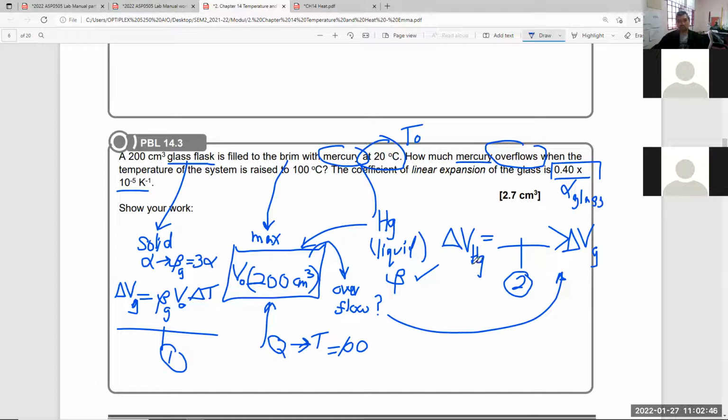You will discover the overflow is the difference between the mercury and the glass, because initially both have the same volume. So you can use the change in volume to get the overflow. I leave this as your exercise.